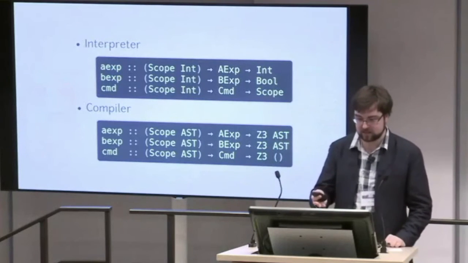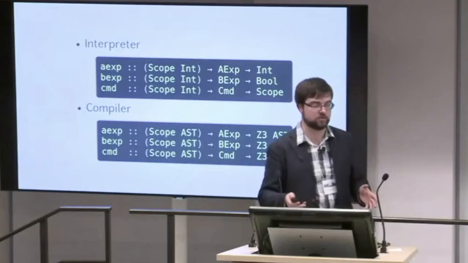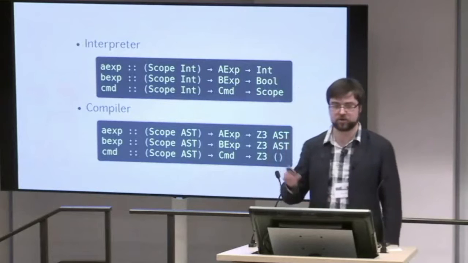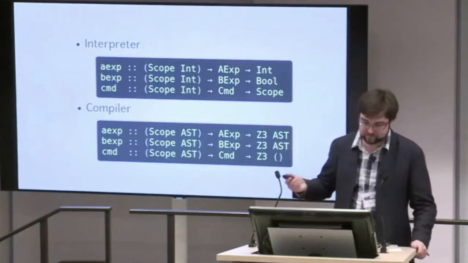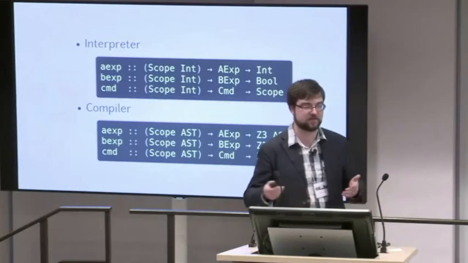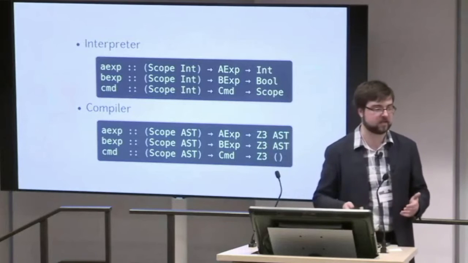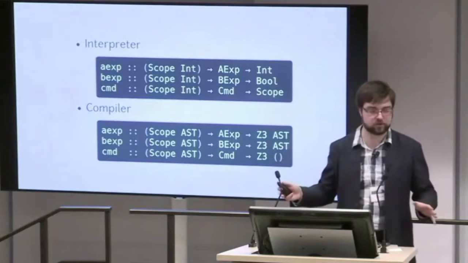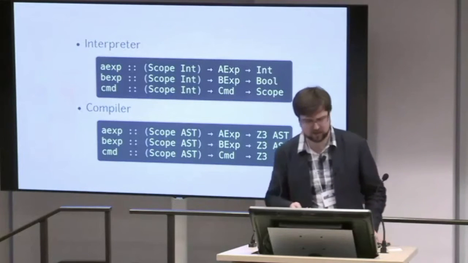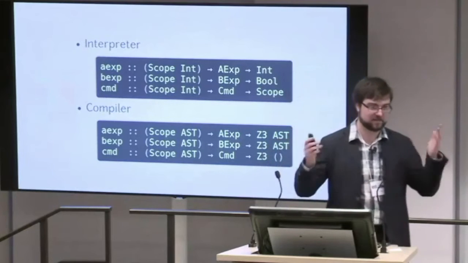And then finally, commands. In the interpreter case, all the commands can do is edit the scope, change variables. So we just return the new scope. Again, if this was a more complicated language where, for example, commands could have values, we'd need a lot more plumbing. But here, for the sake of simplicity, we just always return the new scope. And similarly, for the sake of simplicity, I'm assuming that the programmer is perfect. I am, so it's fine.